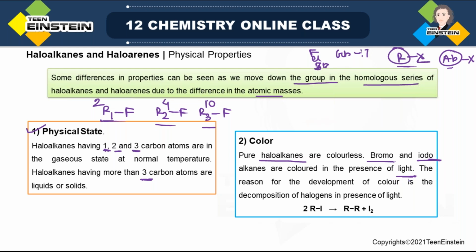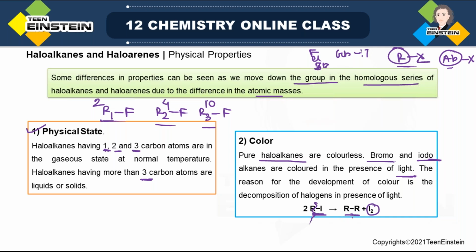And what is the reason behind this color generation? When it is in the presence of light, light will help this type of reaction that you are seeing here. The R-I bond will be broken, there will be decomposition, and two R groups are now attached together, they will form an alkane, and iodine is also generated.